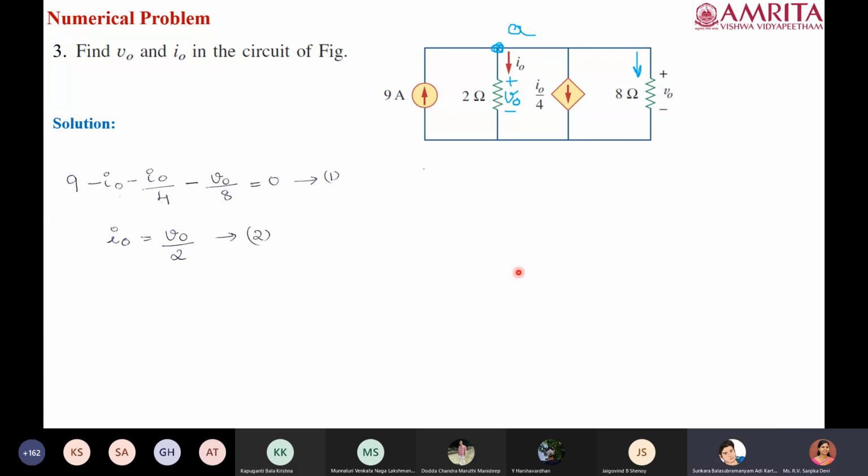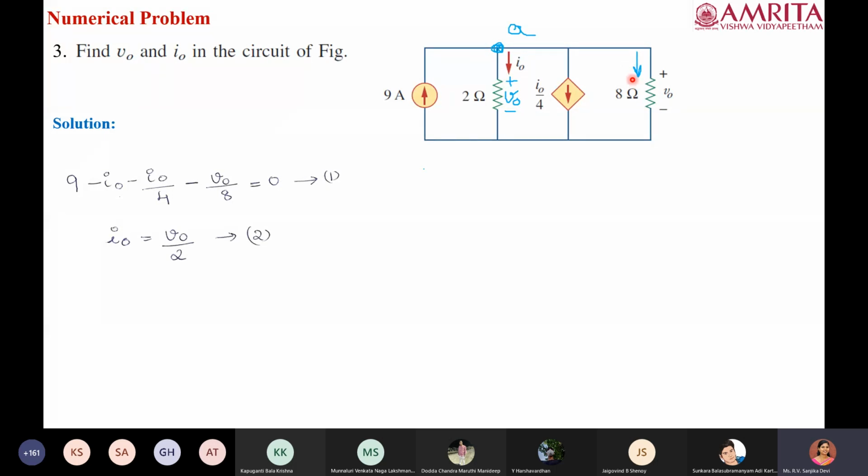Ma'am, the potential will be the same in parallel. So when it is V0 by 8 in the third branch, why don't we have the same in the first branch also? I mean the 2 ohm resistor branch. See, V0 is the same, but the current will be different. The current flowing through the 2 ohm is I0, whereas the current flowing through the 8 ohm is V0 divided by 8.